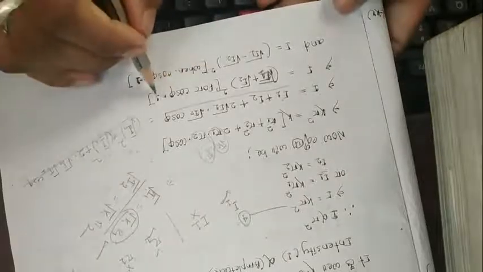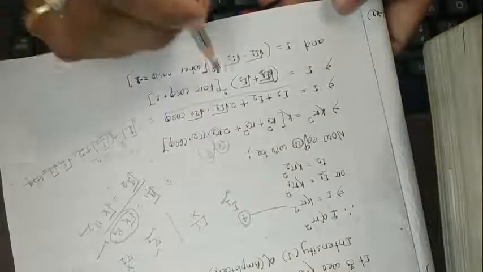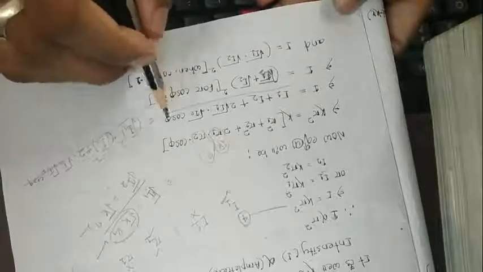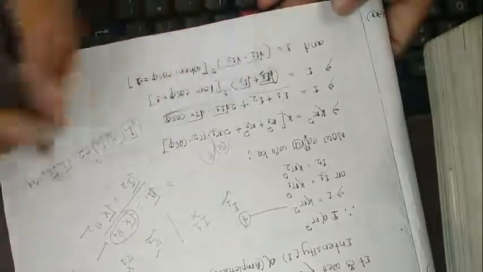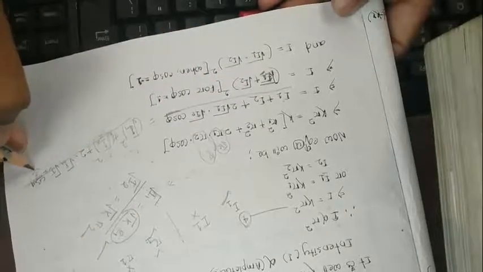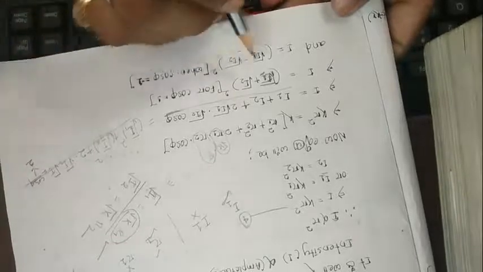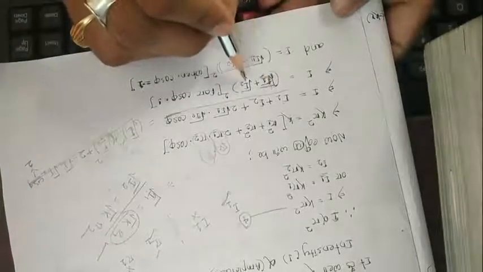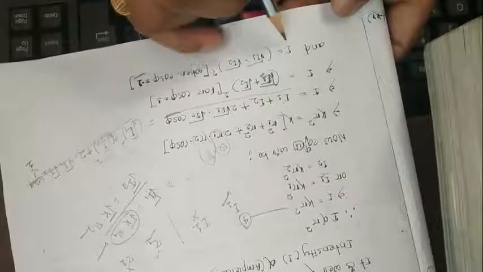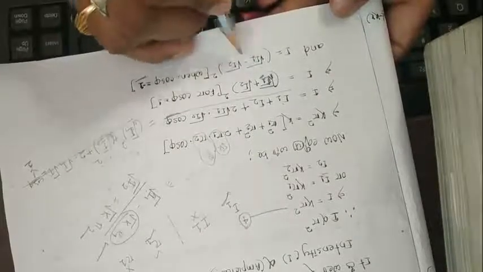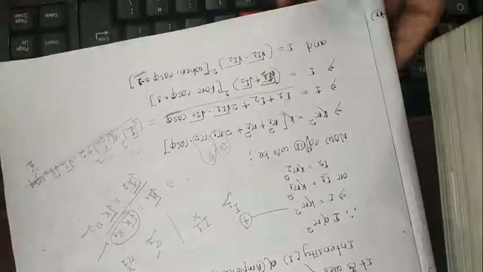For cos phi equal to 1, if cos phi is 1, then it will be root I1 plus root I2 whole square. If cos phi is minus 1, then it will be root I1 minus root I2 whole square.